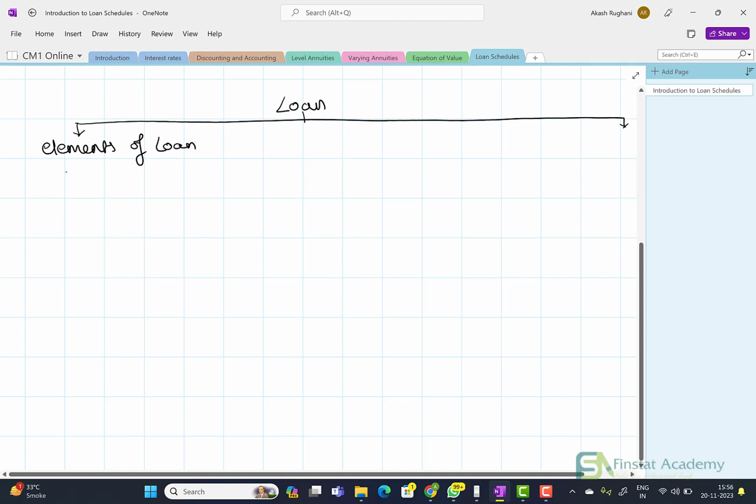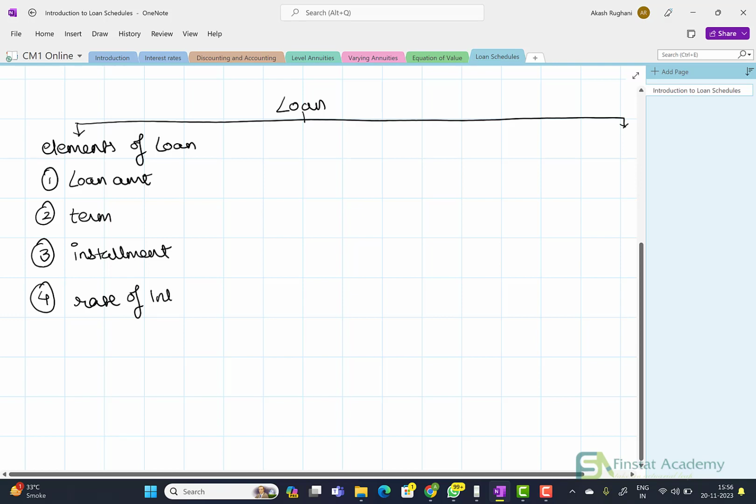Those elements are what we already discussed: the loan amount, the term of the loan, the installment amounts, or finally the rate of interest.